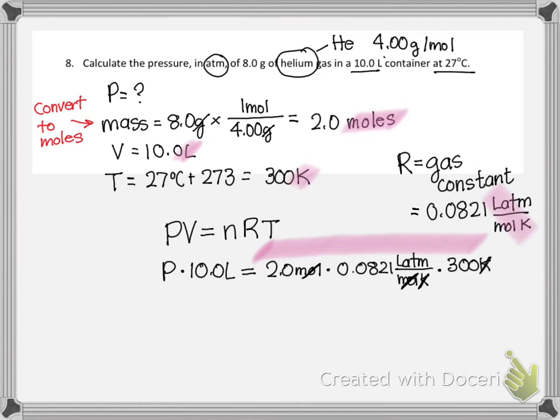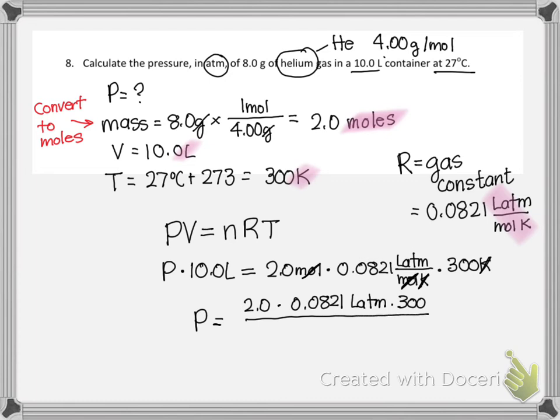All it is is numbers, so you can simplify by multiplying. I tend to rearrange first. So I would look at this side and say, I'm going to divide by 10 so that P is left. So I would write P equals, with everything on top, 2, I've gotten rid of the units, times 0.0821 liter atmospheres times 300, divided by 10.